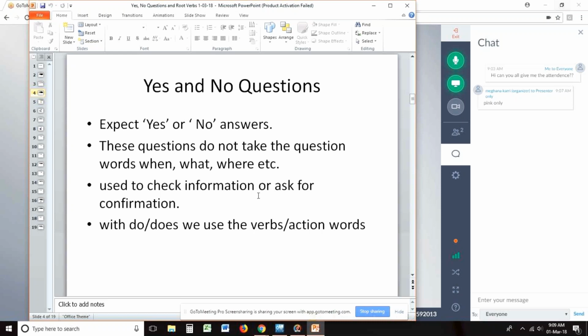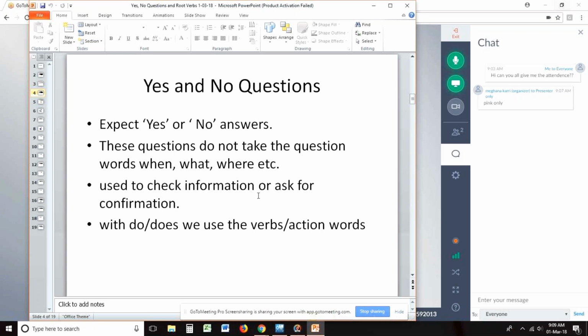All right. It is used to check information or to ask for confirmation. So, are you present? Whether you answer yes or no, such questions are asked to get an answer of either yes or no. All right. And with do and does, we use action words or verbs. With the others, we do not use action words.